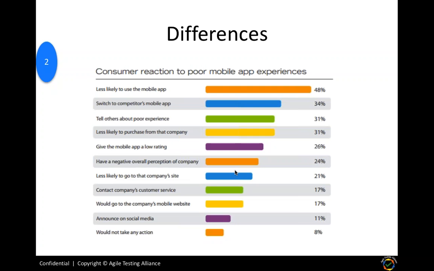Now, when people have poor mobile phone experiences, it is seen that 48% of them are less likely to use the mobile app again. In other cases, it is also seen that people switch to a competitor's mobile app. Again, there are mobile apps for booking airlines and booking hotels.